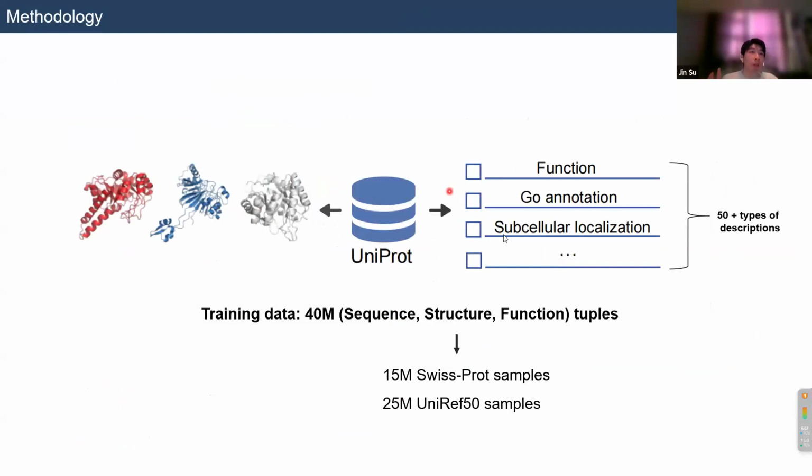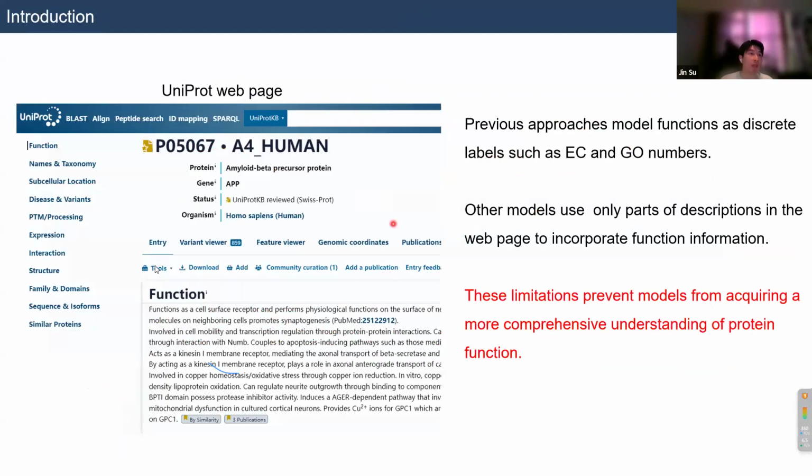So, I said SwissProt has 500,000 proteins. However, from this web page you can see that one protein has many properties and text descriptions. For example, a protein has a function description, a protein name description, and subcellular localization.